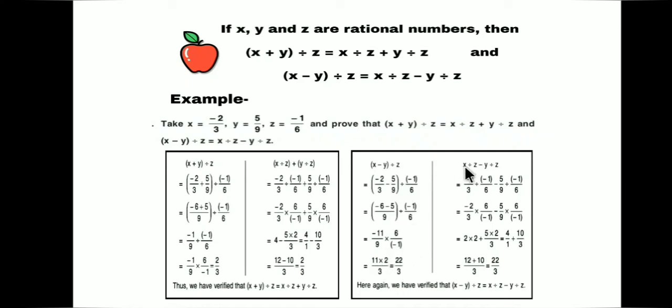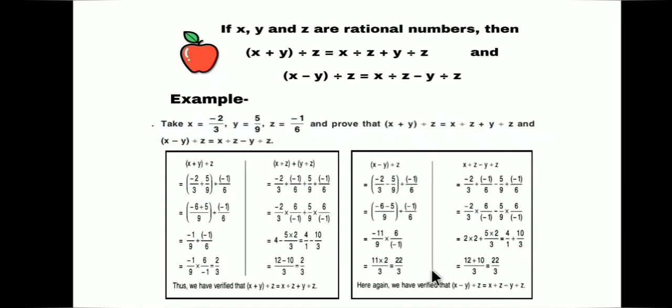On the RHS we have x divided by z minus y divided by z. When we perform x divided by z after substituting the values of the variable, we get the quotient as 4 upon 1. After the division of 5 upon 9 divided by minus 1 upon 6, the quotient obtained is 10 upon 3. 4 upon 1 plus 10 upon 3 is equal to 22 upon 3.